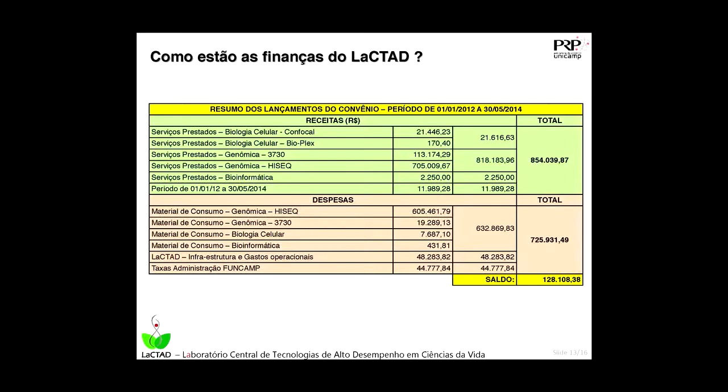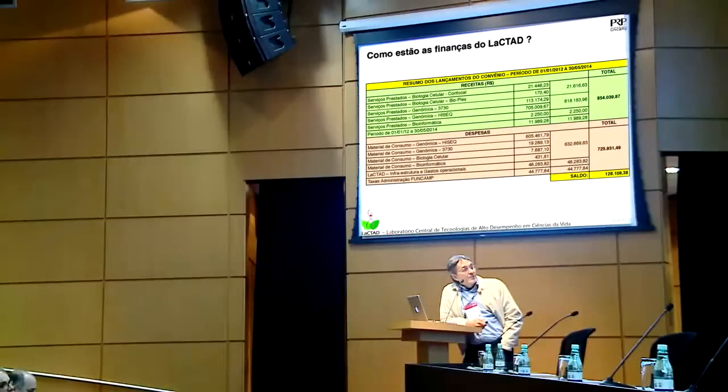So this is our financial status. We have generated about 850,000 reais that we use to run the facility, mostly to buy chemicals and kits for next-generation sequencing and all of this.